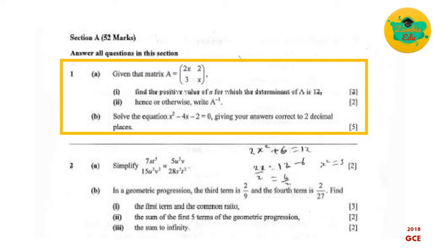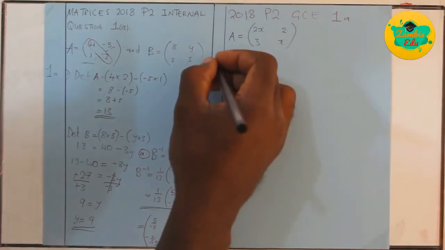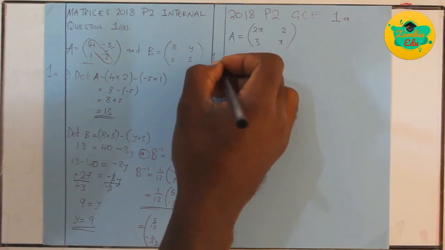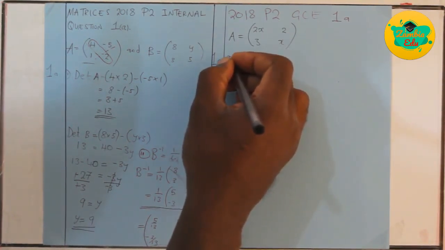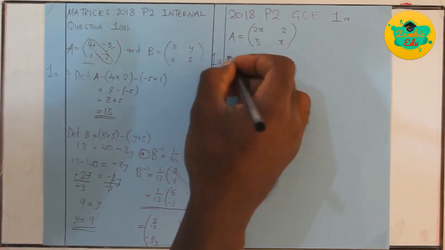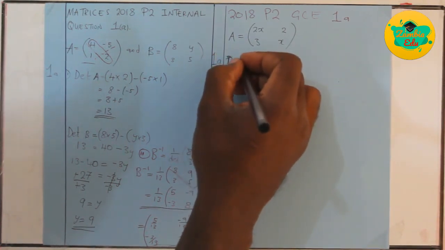Question 1: find the positive value of x for which the determinant is 12. So there, don't forget the numbering. That's 1A, and the question 1A, part 1.